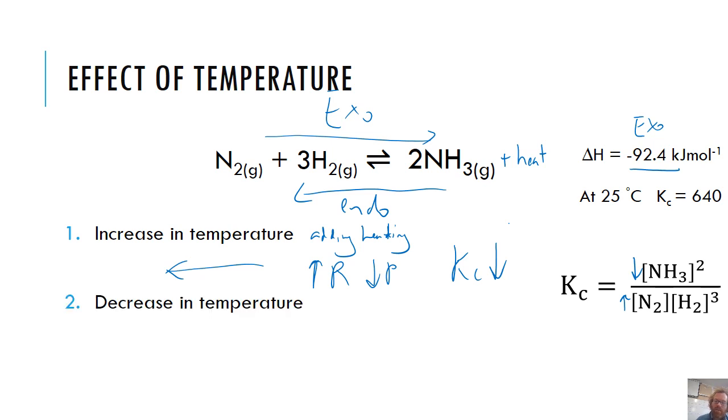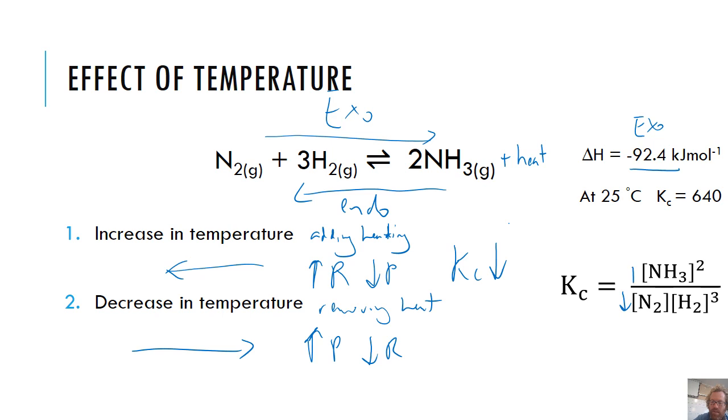Second scenario is if we decrease the temperature, and that's like removing heat. And if we're removing a product, we're going to try to undo that and produce some more. So it's going to shift towards the right hand side to the products. So we're going to increase products, decrease reactants.